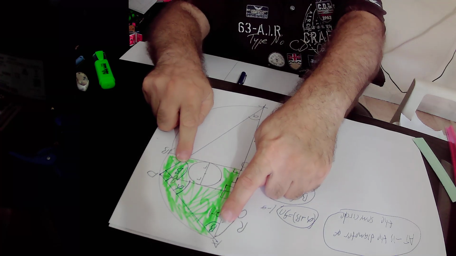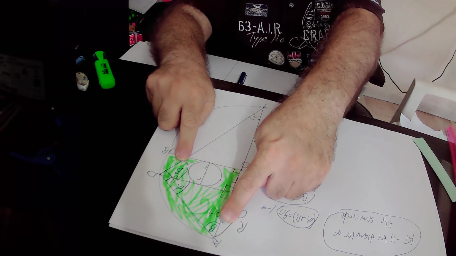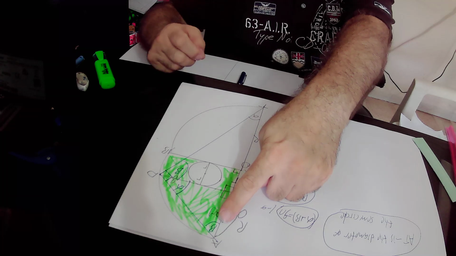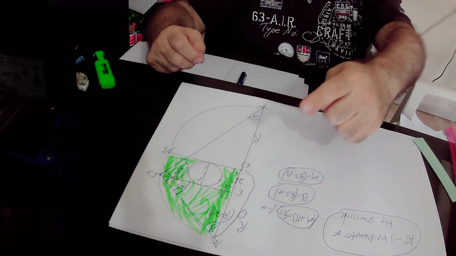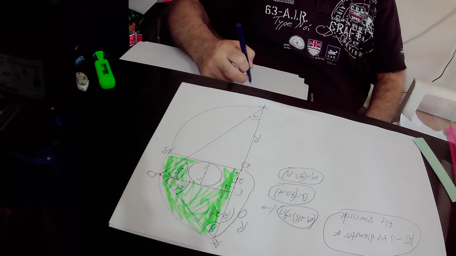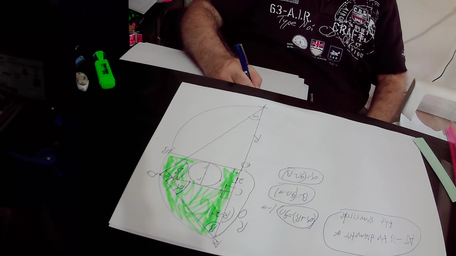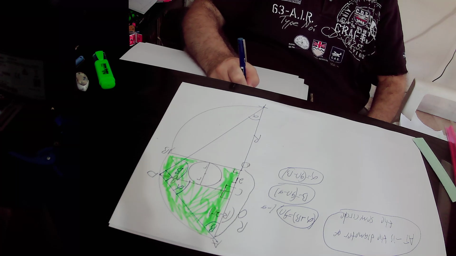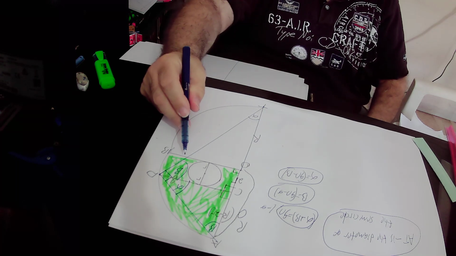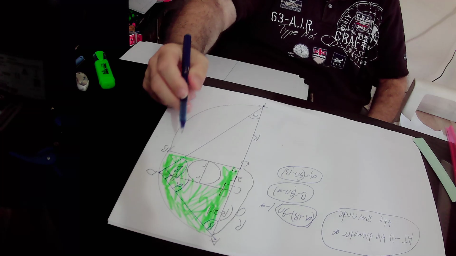In addition, those two angles are both equal to beta, therefore they are equal to each other. So this angle is angle CAD, is equal to this angle, that is actually angle CDT.